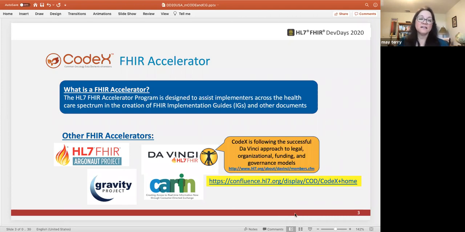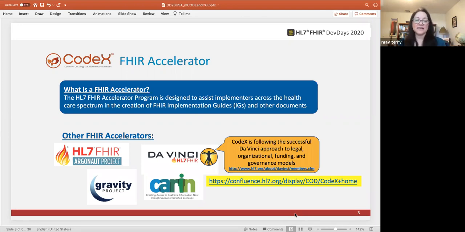Again, that's also important to note because as we go through some of these elements, you might have some question in mind, saying, well, why doesn't it cover this particular element? Or why doesn't it necessarily satisfy this particular use case? And that's on purpose because we do hope that with the Codex FHIR accelerator, these use cases can help the expansion of oncology interoperability by building upon this foundation.